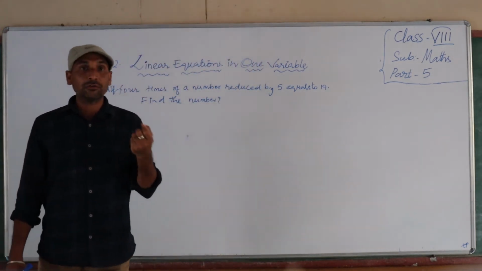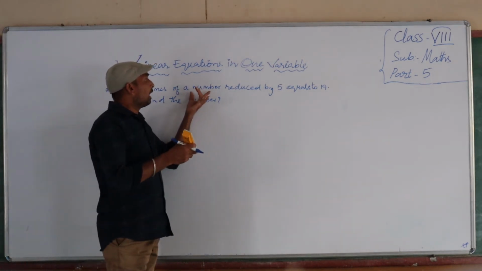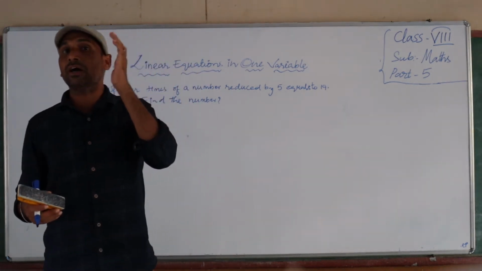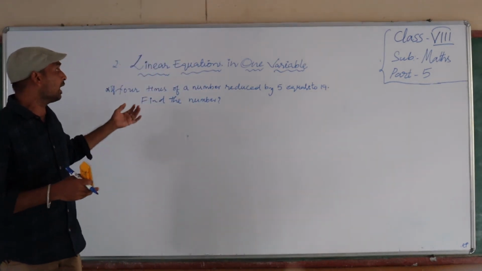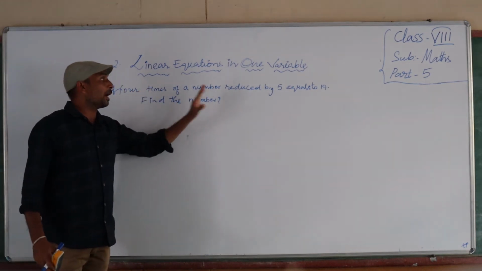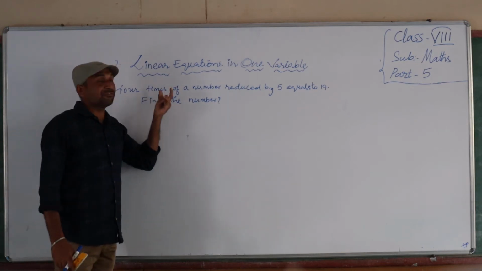So first we have to divide this question, which means first we have to carefully understand what is the given question. If you read properly, see here, the 4 times of a number.